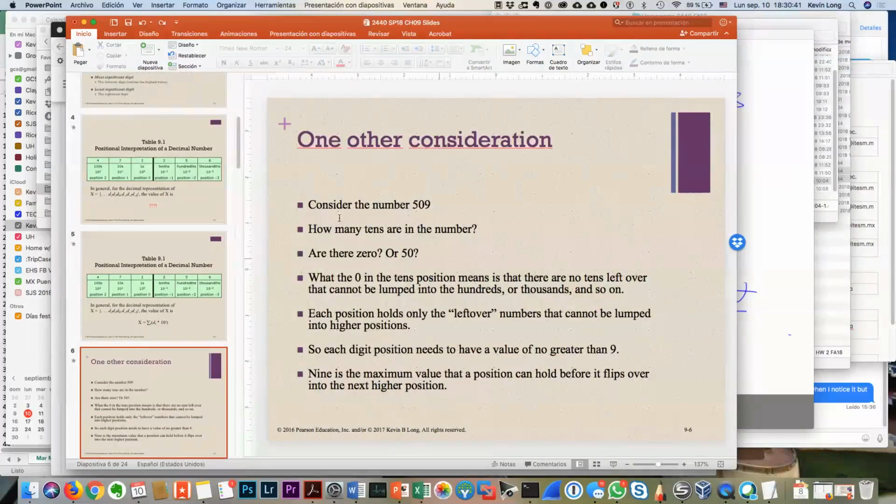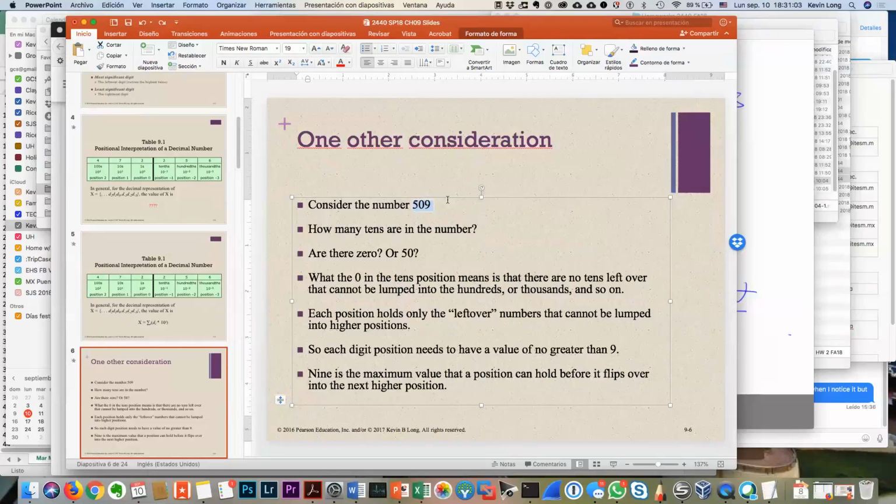Okay, consider the number 509. One last thing in here. How many 10s does this number have? Does it have 50 or 0? Well, the way number theory would suggest you approach this, at least for this course, is basically to say you try to hand to the left everything you can.